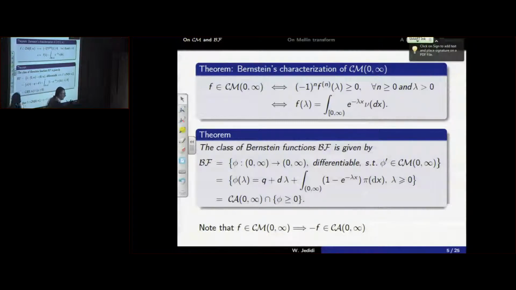Then any function satisfying this difference condition is necessarily infinitely differentiable, and the continuous analogue of the discrete differentiation is that f is n times differentiable, and the successive derivatives alternate in sign. This is equivalent to saying that f is the Laplace transform of some measure. This is an old theorem due to Bernstein in the early last century.